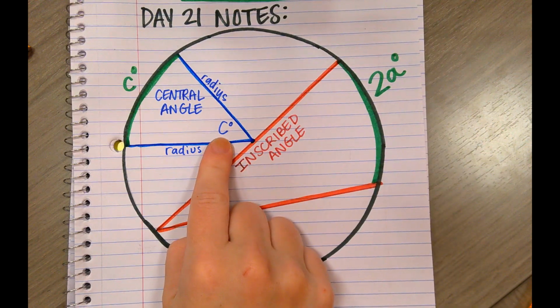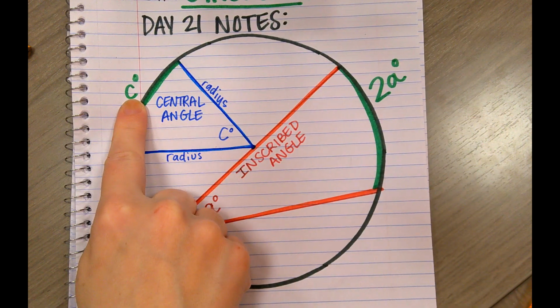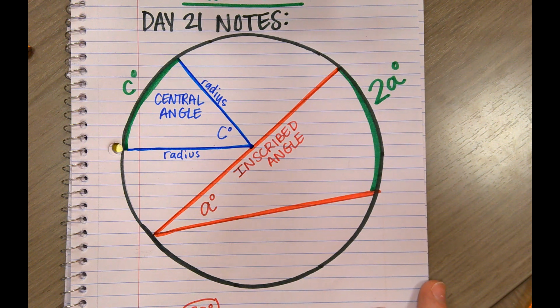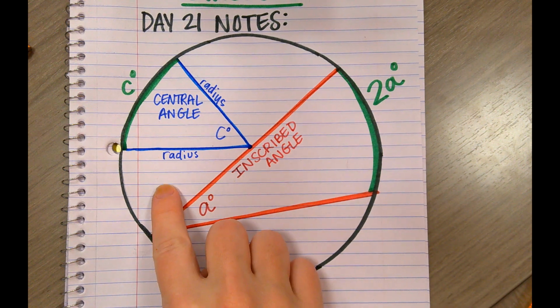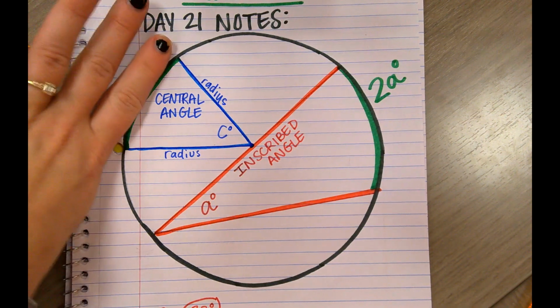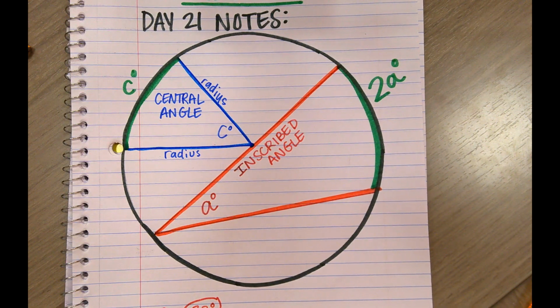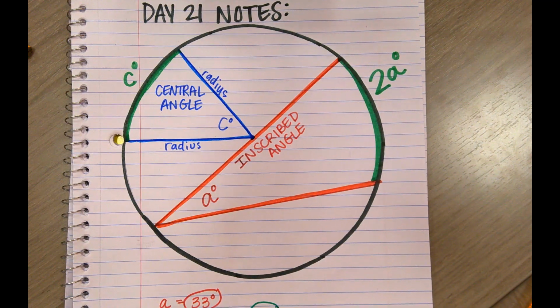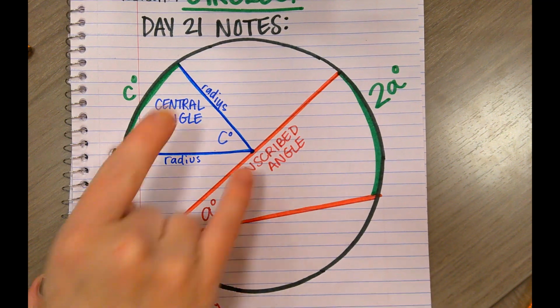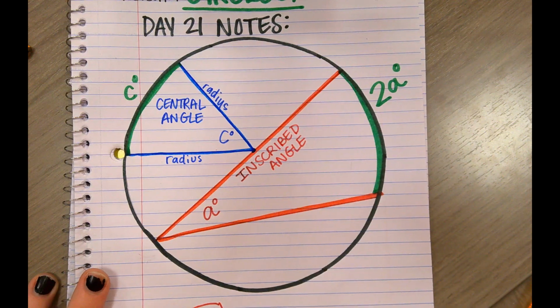If blue C is 42, green C is also 42. Kind of weird, but it works. You kind of formed a perfect triangle. See it? Lots of triangles. Where's my perfect triangle? Oh, yes, if it wasn't a curved edge. It's nice. Okay.